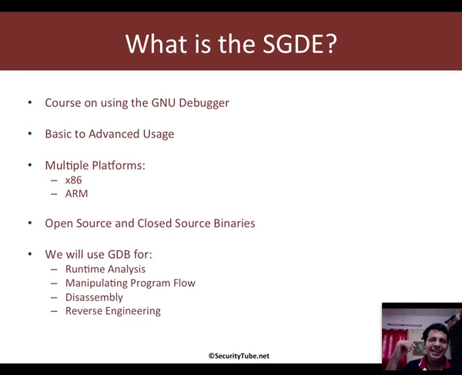Now, the whole idea is to give you an understanding of doing runtime analysis on Linux-based systems where you can go ahead and look at what the program is doing, manipulate the whole program flow, disassemble key parts of the binary, understand it to some extent, and then even reverse engineer applications and try and crack them depending on what the scenario is.